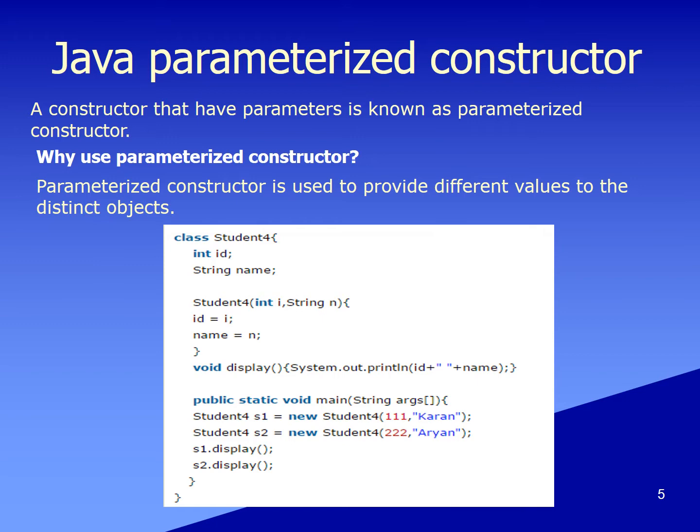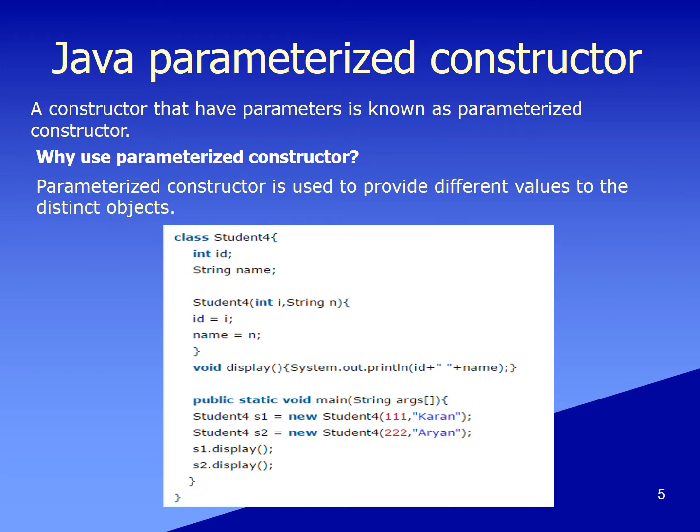After that, display. How will it display? Display is another type of method. System.out.println id, so here id will be displayed and the name also. After that, public static void main, and Student4 s1 is the object of Student4.